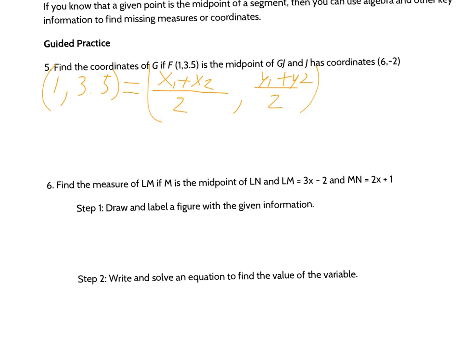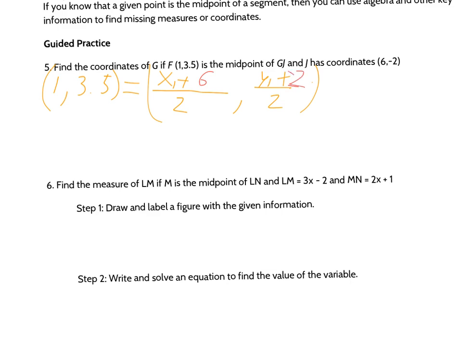We don't know what our x1 and y1 were, but we do know what our x2 and y2 were. So let's go ahead and plug in those values. So we know our x2 would have been 6, and our y2 would have been -2.